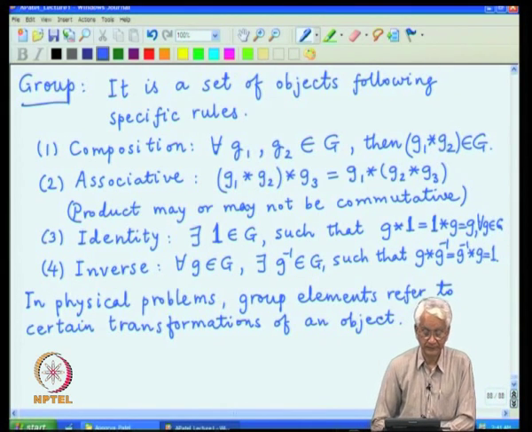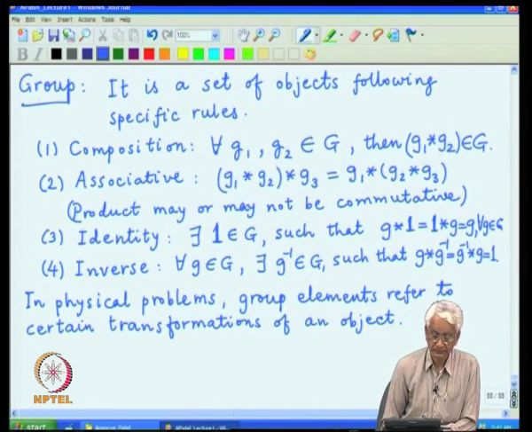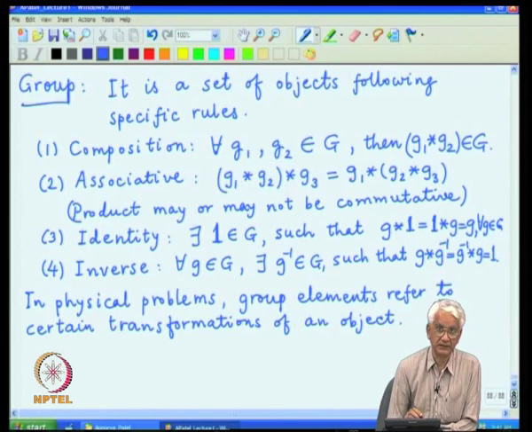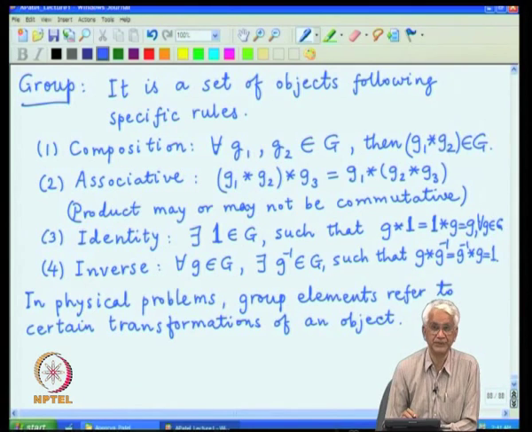Now, this property of transformations is most useful when the transformations change some property of the object, but also at the same time leave some other property of the object unchanged.